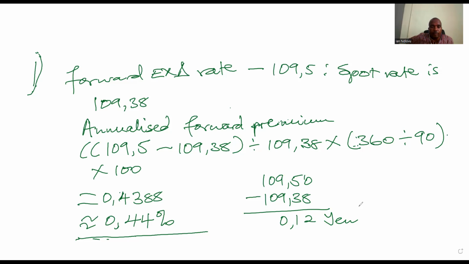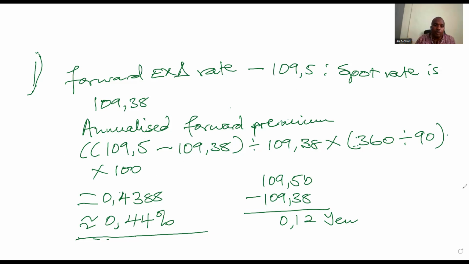In the present, the Japanese yen is stronger because it's trading at 109.38, compared to the future after 90 days, when the forward exchange rate is 109.5, which means it will be trading at a discount, a lower, depreciated value in terms of the forward exchange rate prevailing in the foreign exchange markets.